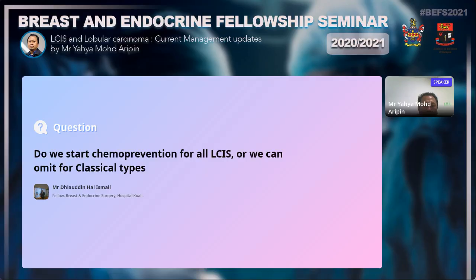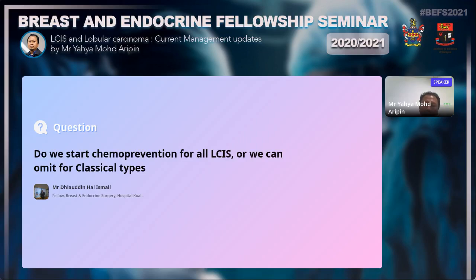Do we start chemoprevention for all LCIS, or can we omit it for the classical type? I think all LCIS, because of the data that I've shown, it is considered a high-risk lesion.